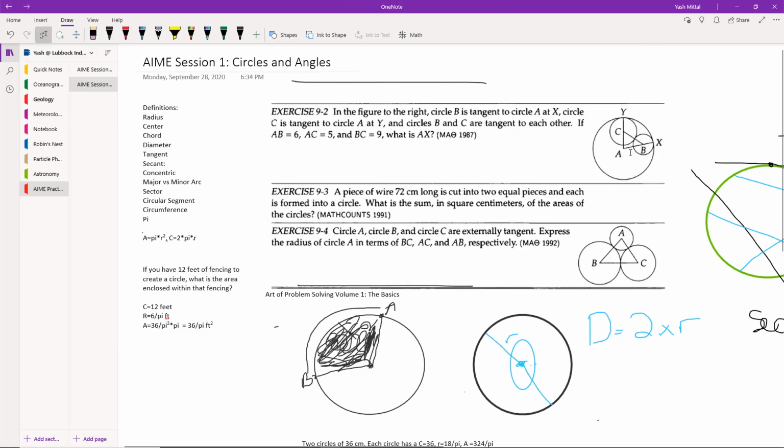So we have the radius of B plus some part of A. And then we have AC, which is 5, and that includes the radius of C and some part of radius of A. And then we also have BC, which is the sum of the radii of circle C and circle B. Notice how since it connects both centers B and C, it must be the radius, since C must go to the edge of the circle. That's the radius after all. And B must also go to the edge of the circle, which is also the radius. So BC is a sum of the 2 radii.